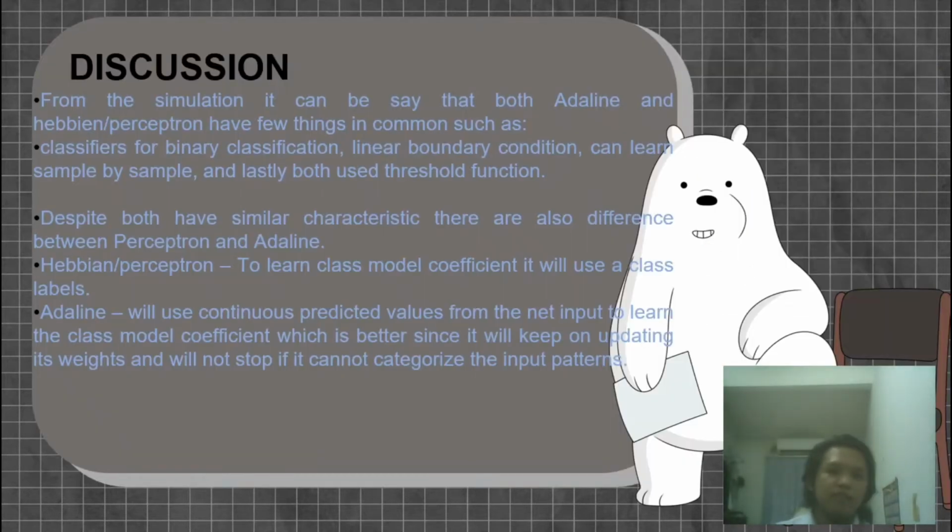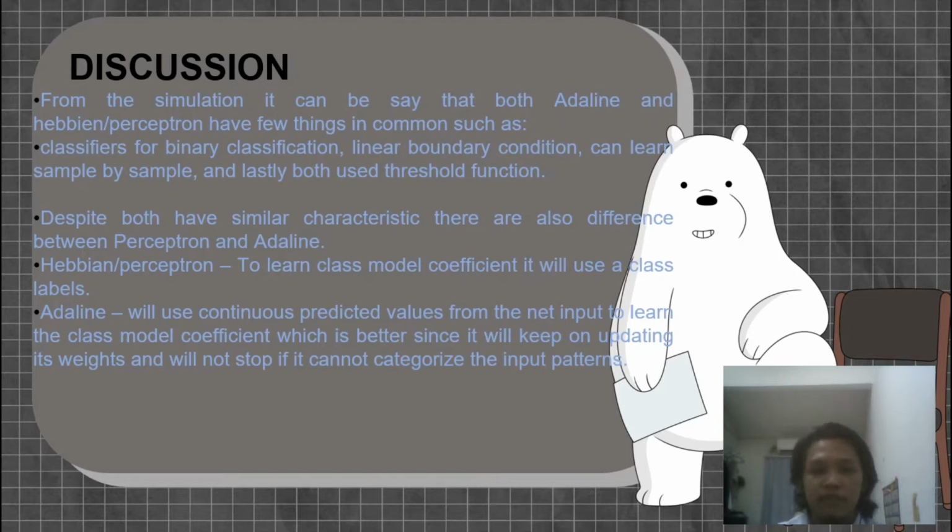From the simulation, we can say that both Adaline and Hebbian perceptron have a few things in common, such as being classifiers for binary classification, having a linear boundary condition, and being able to learn sample by sample, and lastly, both use the threshold function. Despite having similar characteristics, they are also different.